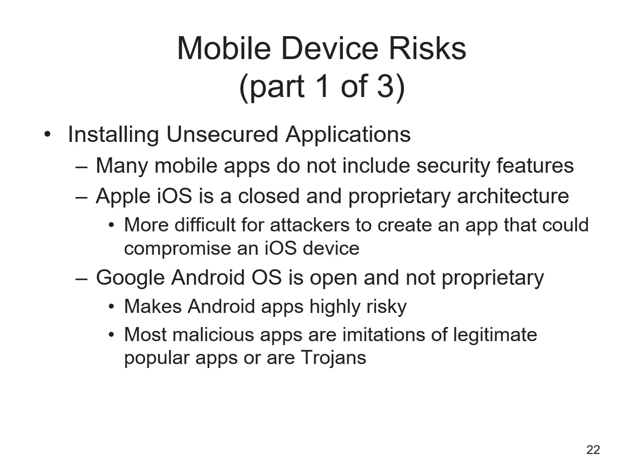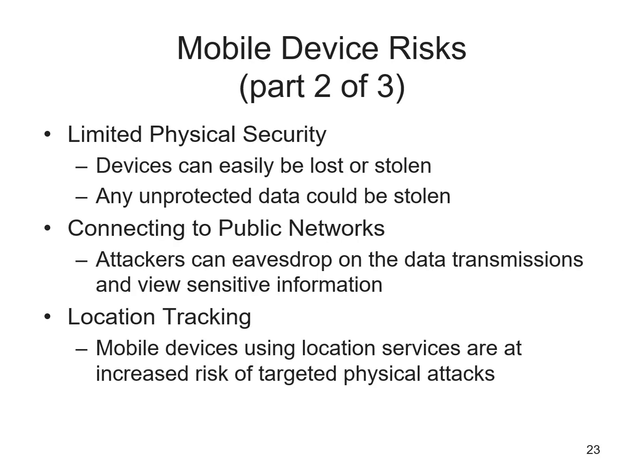Google Android OS is open and not proprietary, which makes Android apps highly risky. Most malicious apps are imitations of legitimate and popular apps, or are Trojans which can be installed on your mobile phone, and they can get access to the mobile data and everything.